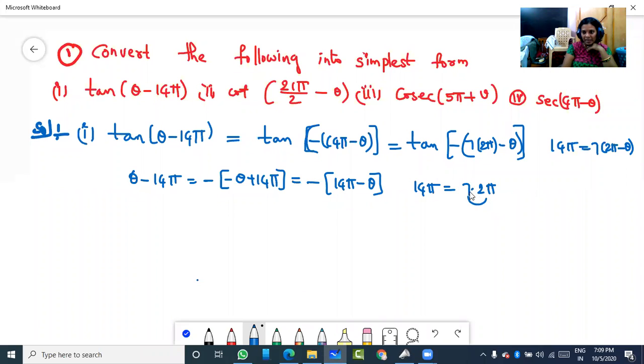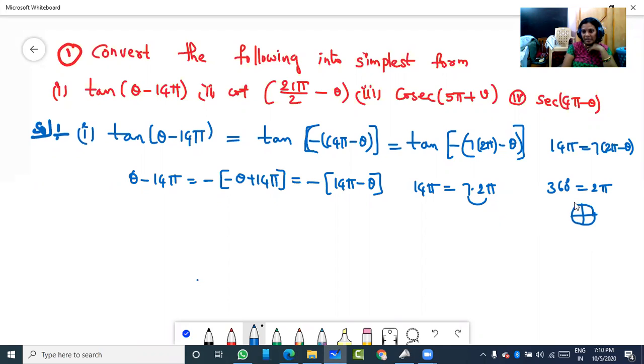Why we should write this as 7 into 2 pi: we know that 360 degrees is equal to 2 pi. After one completion of rotation, again it will come to the first quadrant. Here 7 into 2 pi means 7 rotations are there.